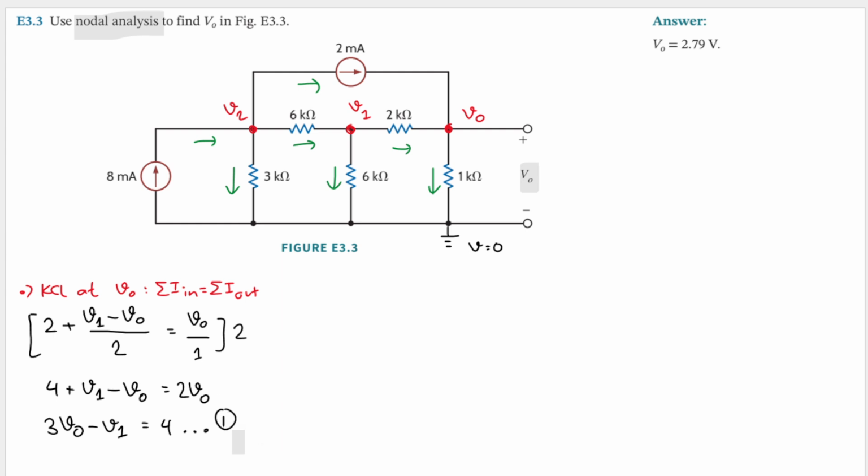Good. And now let's move on to the other node, which is node V1. Okay, let's do another KCL, but this time at node V1. KCL at V1. KCL says that the sum of the current that goes in will equal the sum of the current that goes out, right?